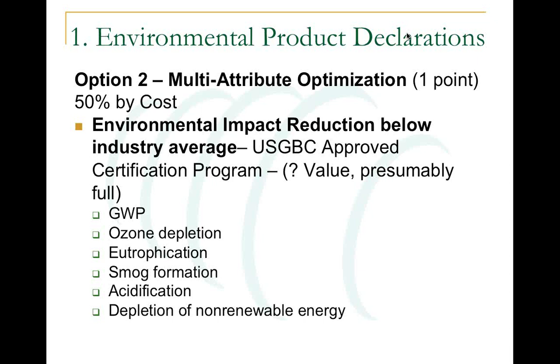So if your plant-specific EPD shows that you have an environmental impact that is reduced below the industry average, you're better than the industry average for your product. So you're helping the design team by trying to reach 50% by cost of all the construction materials.